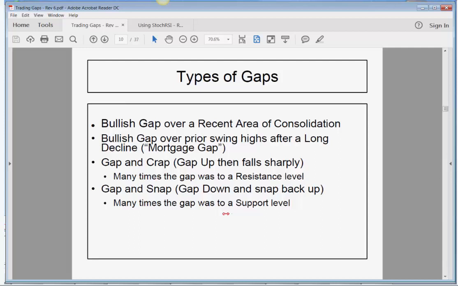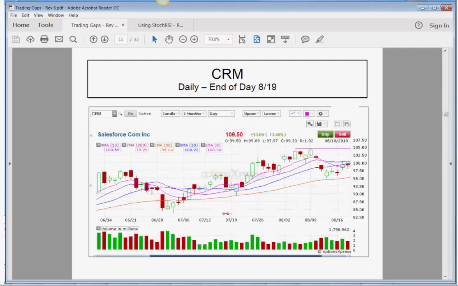I don't really call it that, but it's a high probability trade. Here's the gap up, the gap and crap, up or down, and then the gap and snap, where it snaps back up. But many times when you see the gap and crap, it's up to a resistance level or down to a support level.